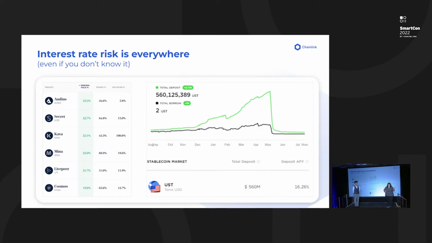So the interest rate that you get on borrowing, the interest rate that you get on lending, it's a piece of the market in DeFi, a fundamental piece, even if you don't realize that it's there. And maybe some of the things that we've seen happen during DeFi summer, we might take a second look and say, there must be a better way of deciding how we want to evaluate our risk in this scenario.